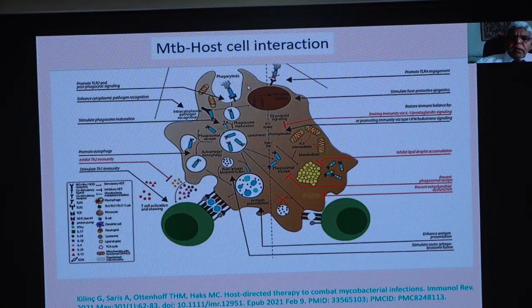When the phagocyte encounters an MTB, it is phagocytosed, and once it is phagocytosed, it forms a phagosome. Now this phagosome gets matured, and normally it will fuse with the lysosomes and form a phagolysosome.